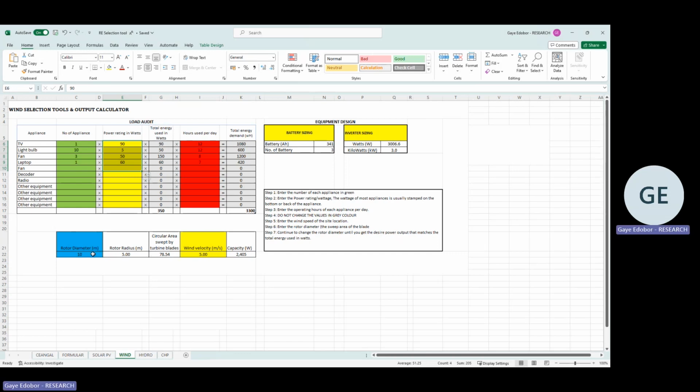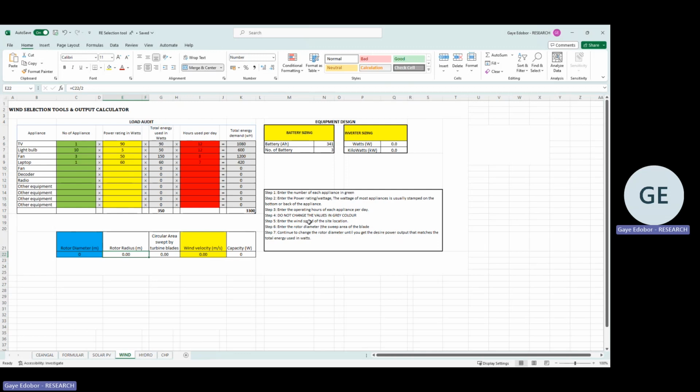So, in this section of the wind turbine, to design a wind turbine in this case, you need to know two things. First, you need to know the wind speed of your location.